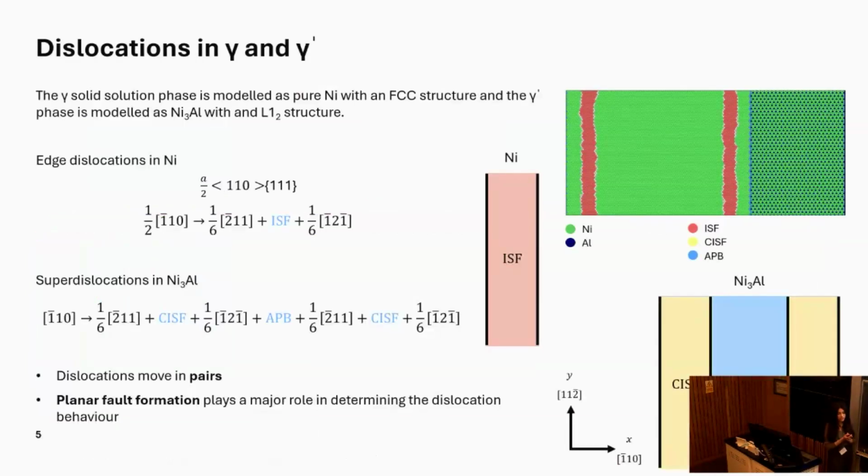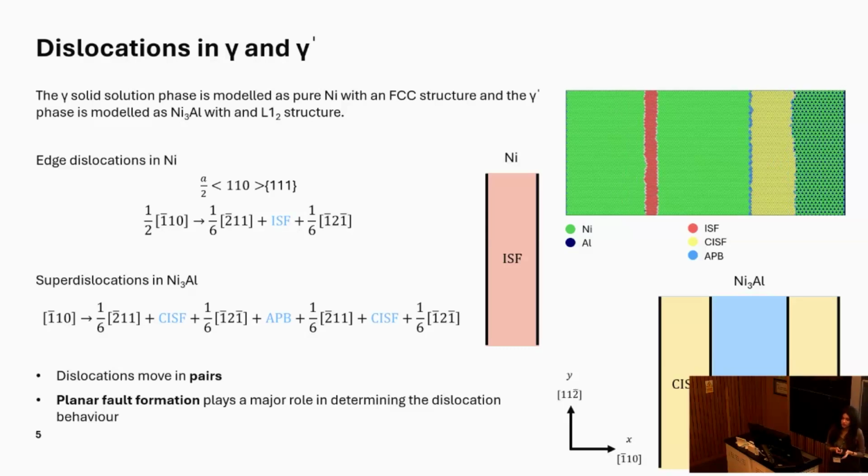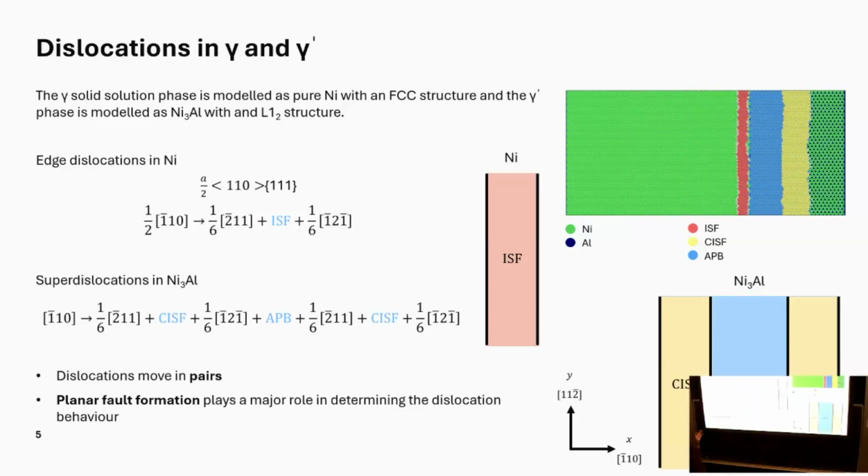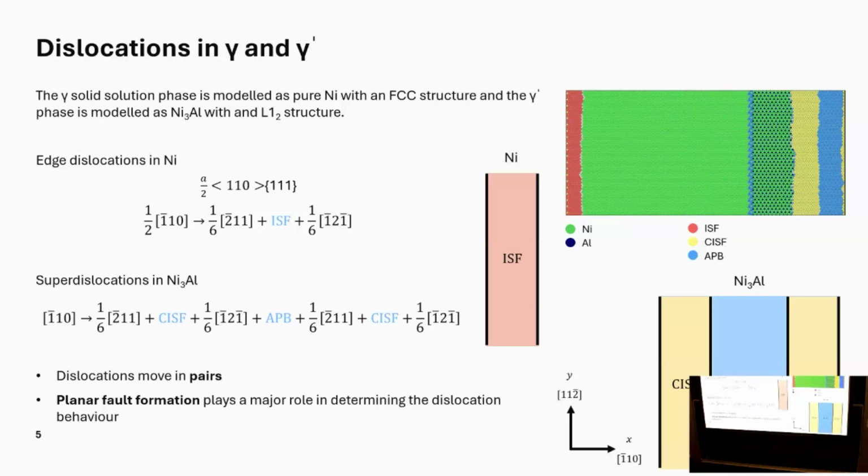Again, just to reiterate, in our systems we model the gamma solid solution phase as pure nickel and the gamma prime phase as pure aluminium. Very briefly, the kind of dislocations we're interested in are these edge dislocations. They have a Burgers vector in the <110> direction, and they lie in the {111} plane.